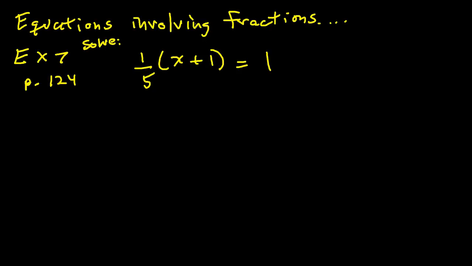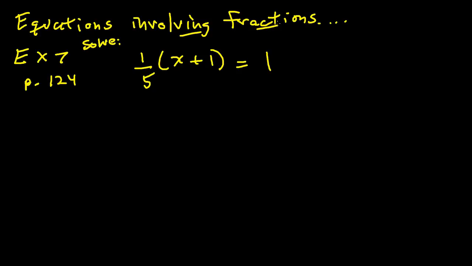Anytime you get an equation involving fractions, what's the first thing we don't do? The first thing we don't do is run to the calculator. That's not going to help us here. If you run to the calculator on this problem, I can almost guarantee you're going to get it wrong. The first thing I'm going to do is multiply by the least common denominator of all the fractions.